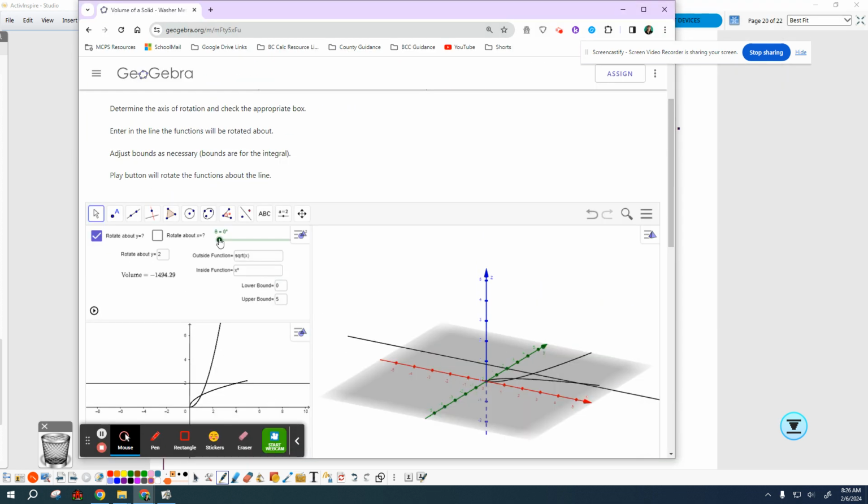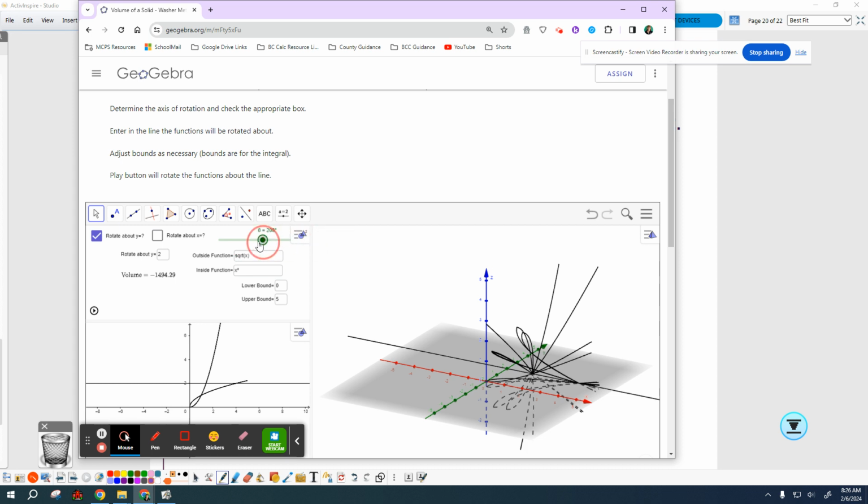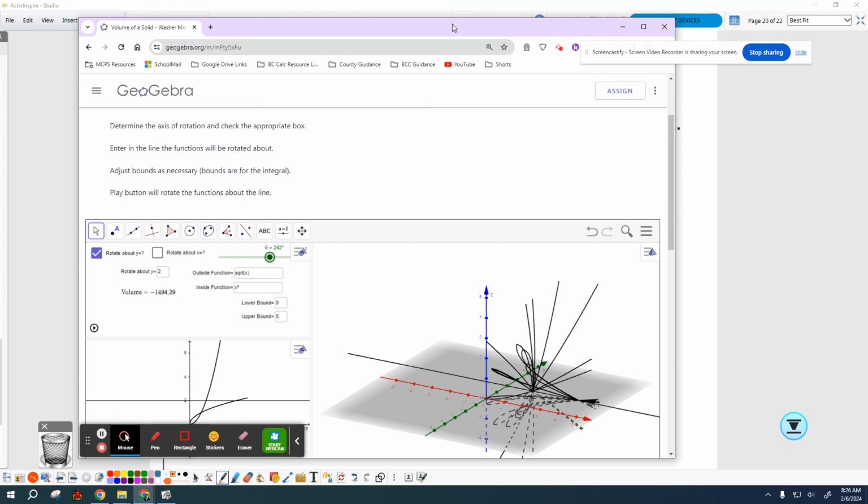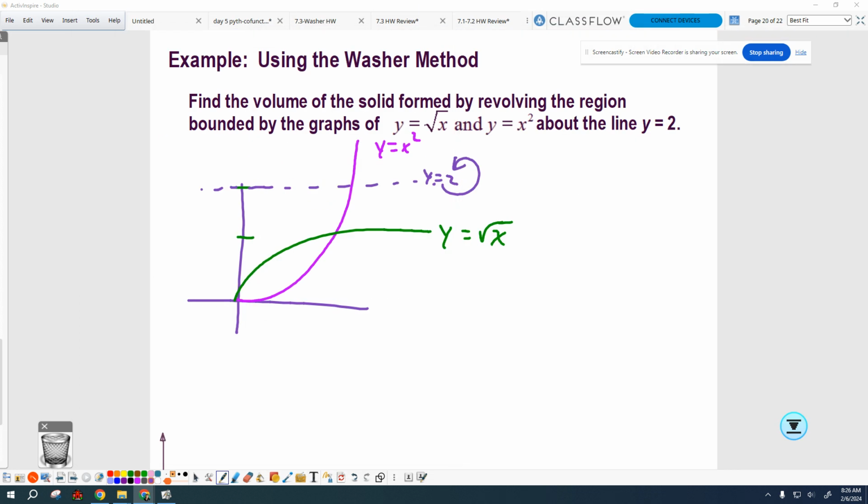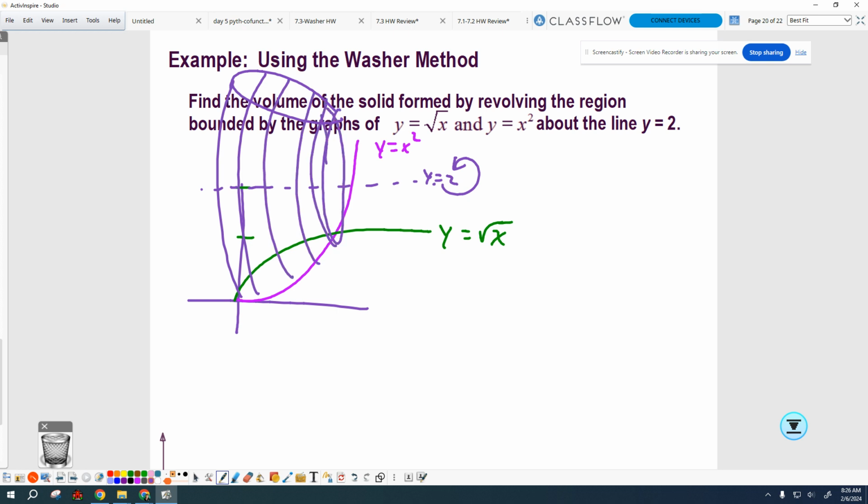So it's small, but, oh great, as I was saying, it helps visualize. It really didn't. But it's rotating around this thing, so it kind of looks like this guy with a curved in edge.